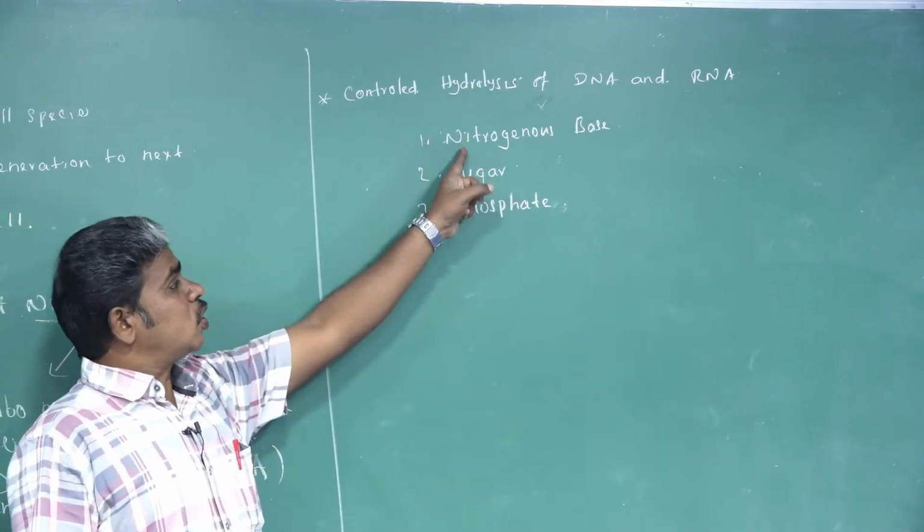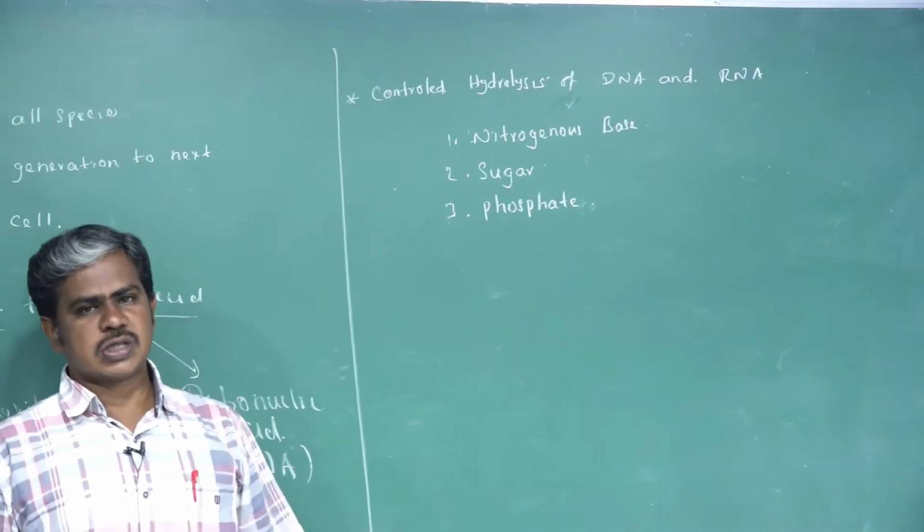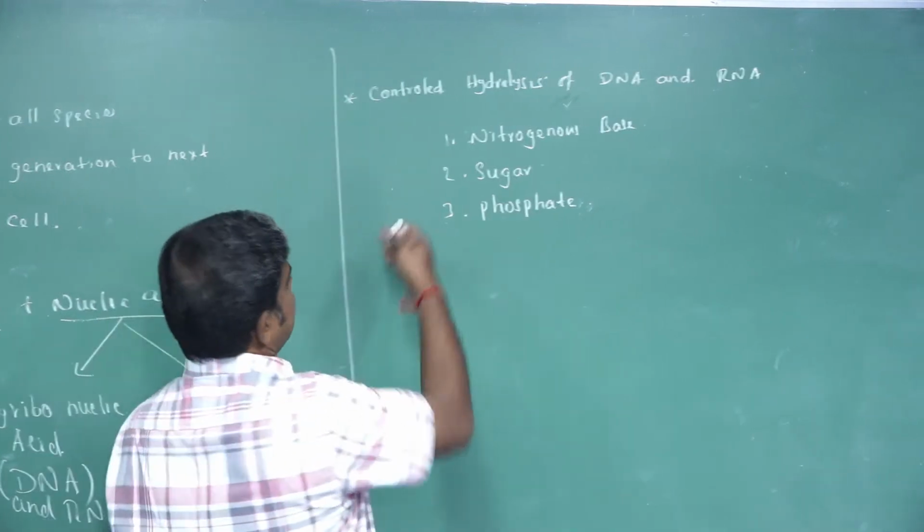One is nitrogenous bases, the second is the sugar component, a pentose sugar, and the third is phosphate. Now we may take them one by one.